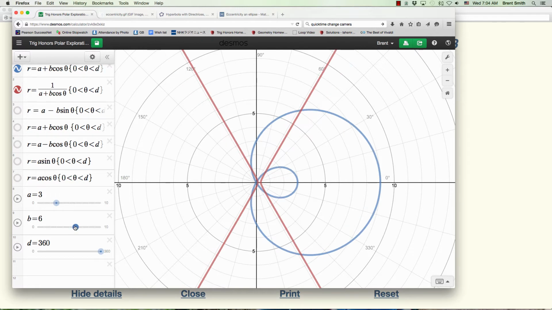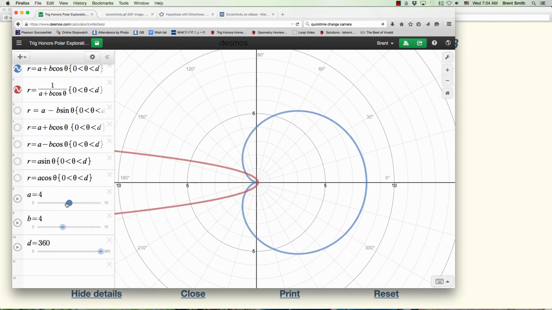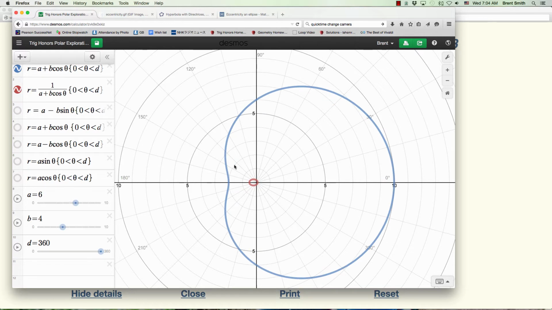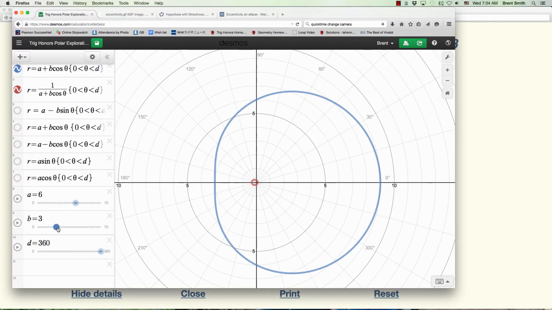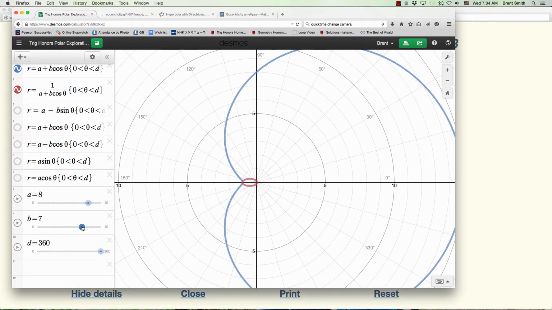You can mess around with that. And then finally, when A is greater than B, that's where we have that bulge, and our reciprocal function is an ellipse. So there we see it.